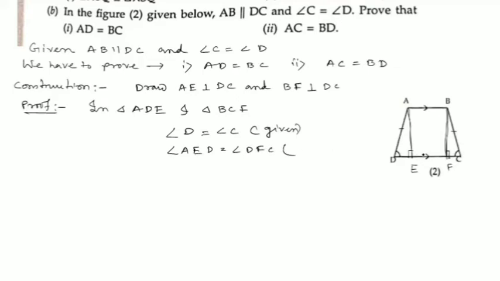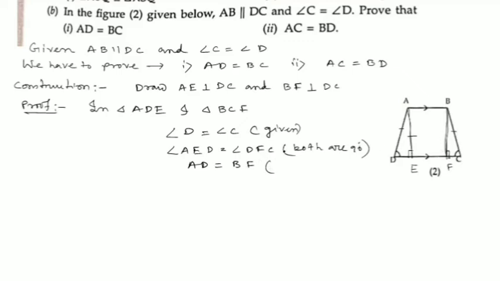Why? Because these two are right angles, both are 90 degrees. And next AE is equal to BF. Why? Because the distance between two parallel lines is always the same. These two lines are parallel, it is given. So these two are equal.